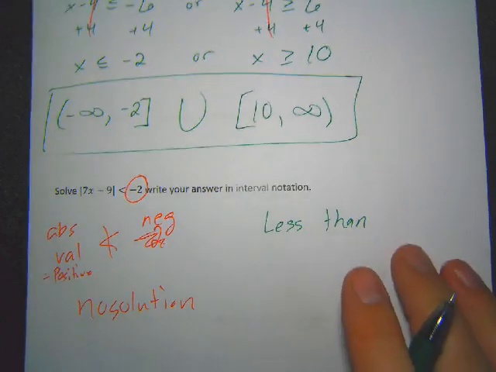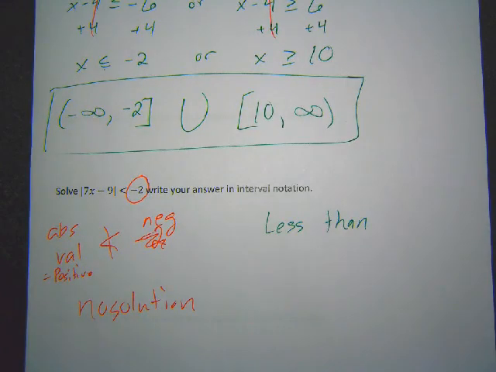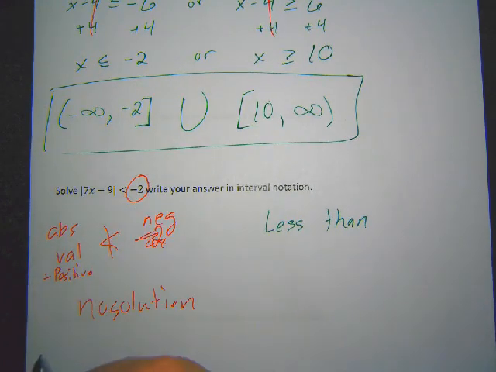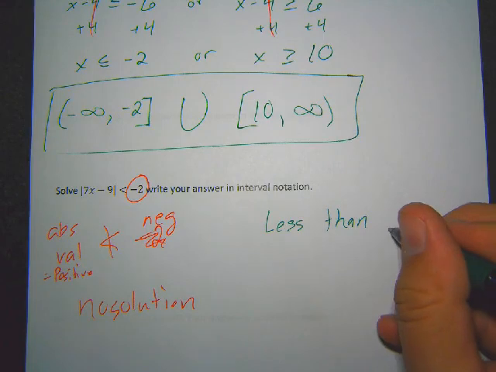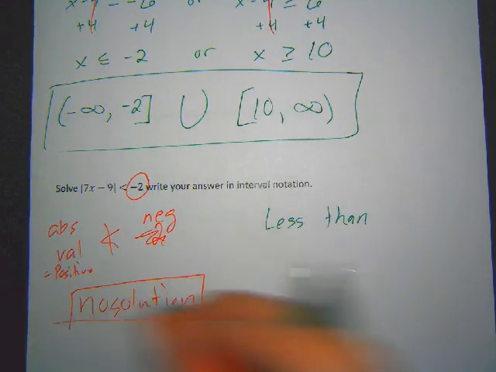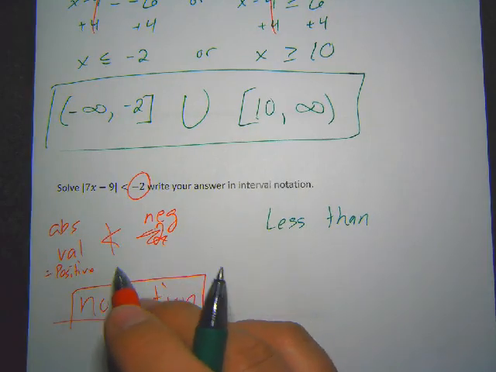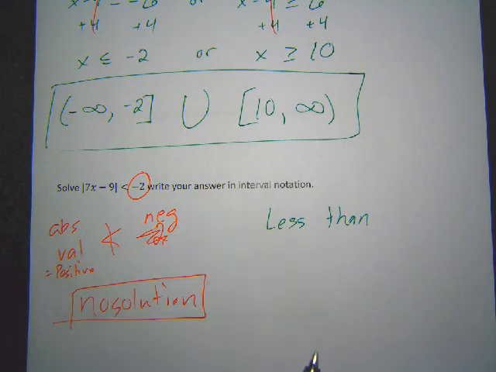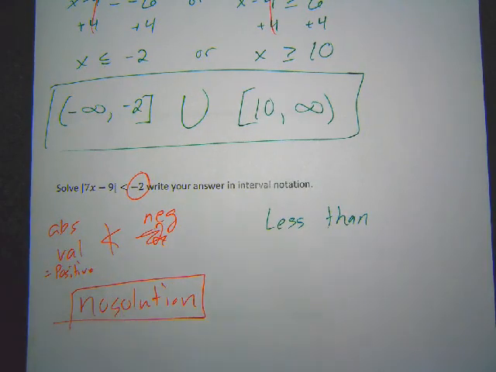It doesn't work. So just like a positive can't equal a negative, a positive can't be less than a negative. So if you end up with an absolute value less than a negative, that is no solution. That's the big thing to watch for. Absolute values are never less than negatives because they're positive, and positives are always bigger than negatives. So that's why this doesn't work.